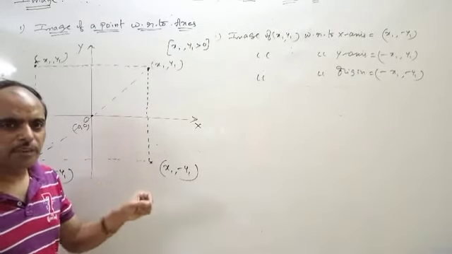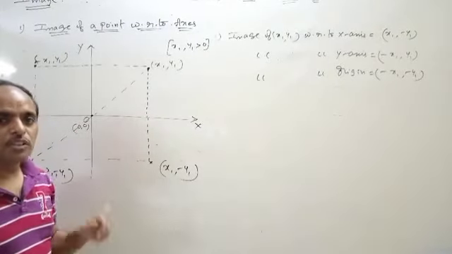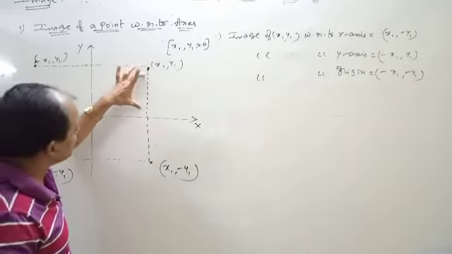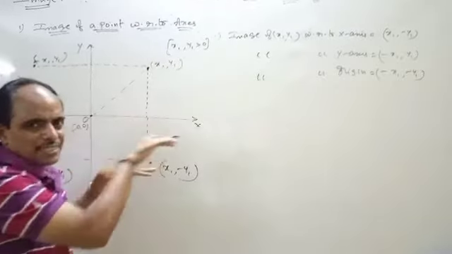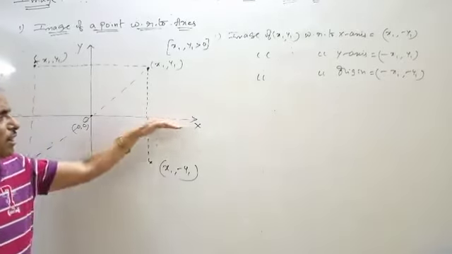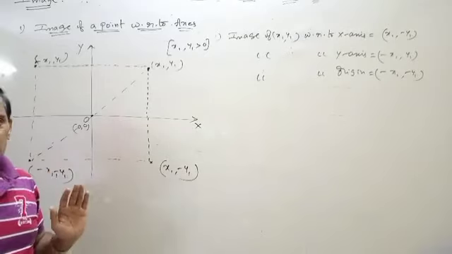Why do we call it a perpendicular bisector? This line is perpendicular to this one, so it is perpendicular. Bisector means this distance is equal to this distance. This line bisects the total distance and cuts it in half, so we can call this one a perpendicular bisector. Shall I give one example?